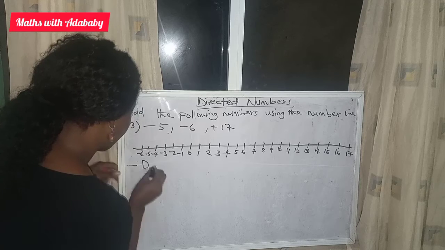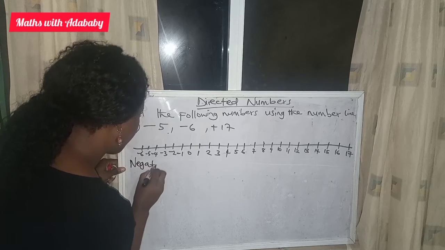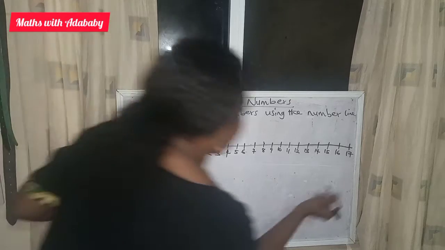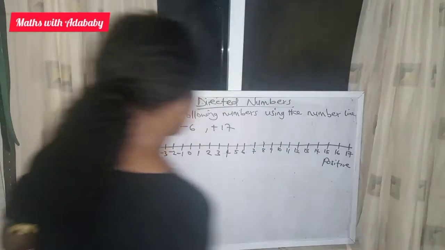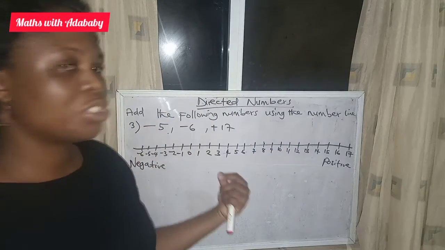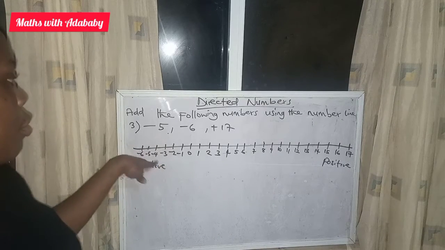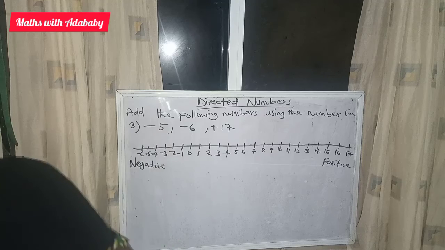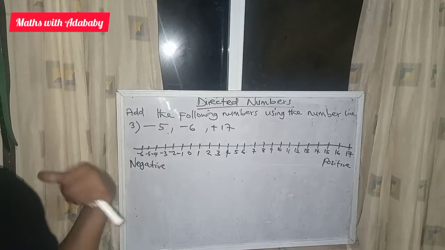This is the negative direction, and this is the positive direction. So because we are counting 5 points, we are counting it in the direction of the sign in front of it. Now the sign in front of minus 5, which happens to be the second highest number, is negative, so we count it in the negative direction.